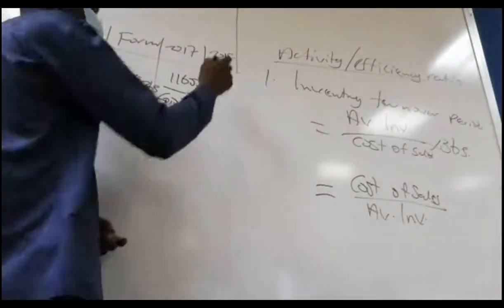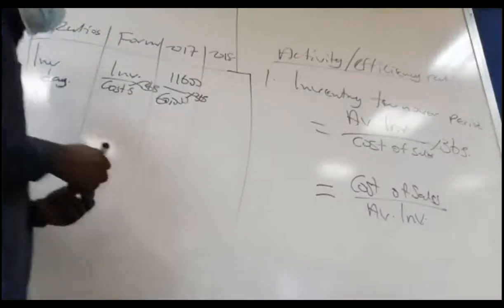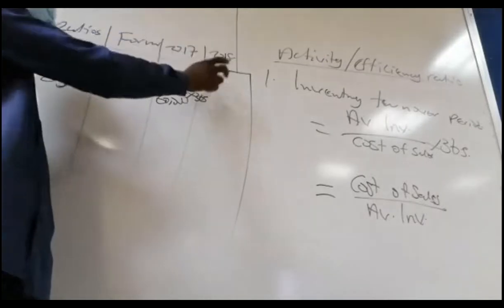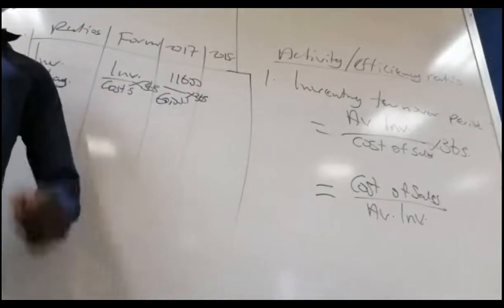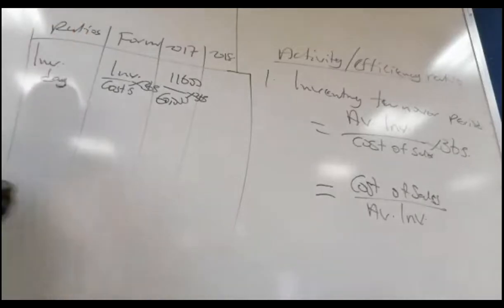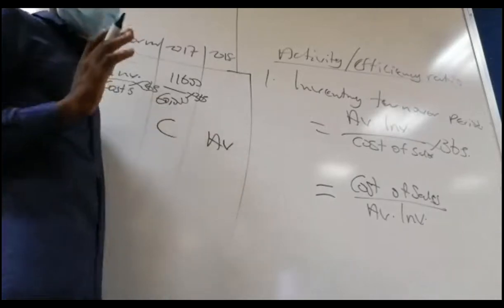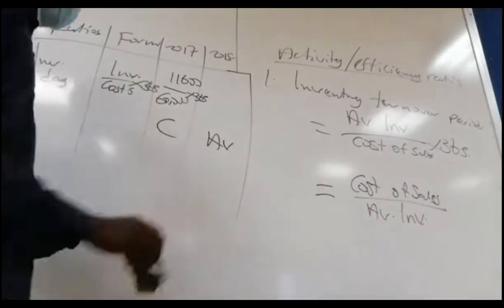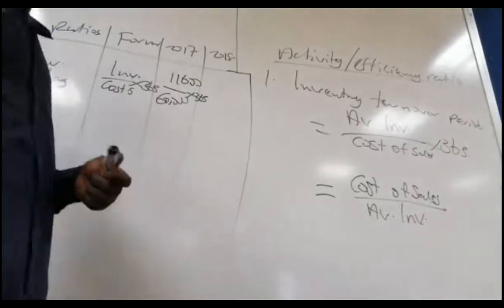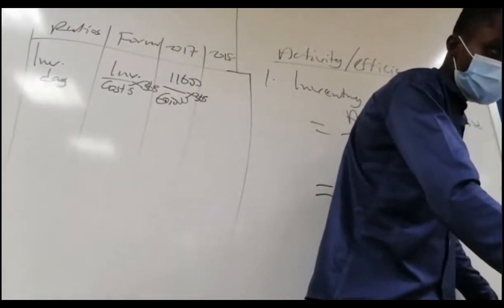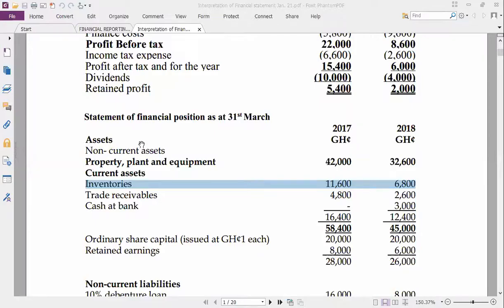Because in 2017 we are not able to calculate the average, even in 2018, if we can get the average, we should not use it because it will be of a different base. Closing versus average, you cannot compare. They must be of the same base. So in 2018 too, we are not going to calculate the average. We just pick the closing inventory, which will be 6,800.